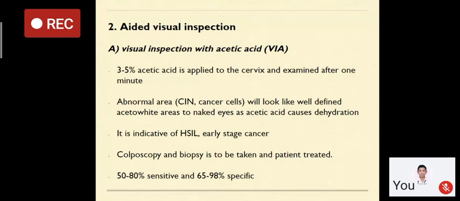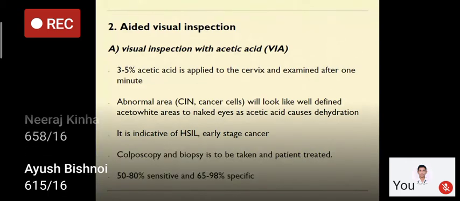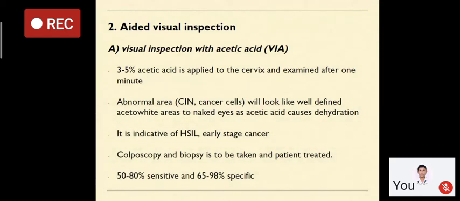Abnormal area of cervical intraepithelial neoplasia and cancer cell will become dark white in color, and this white portion will remain for longer time as compared to the normal cell because of the coagulation of more amount of protein. It is indicative of high degree squamous intraepithelial lesion, HSIL, or early stage cancer.